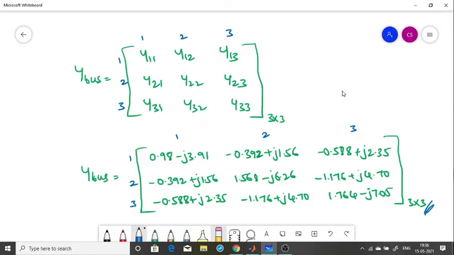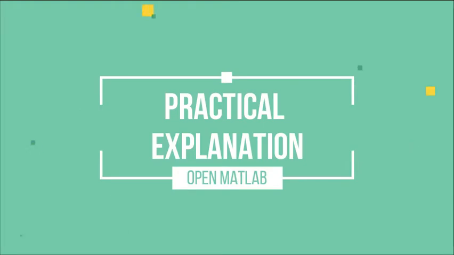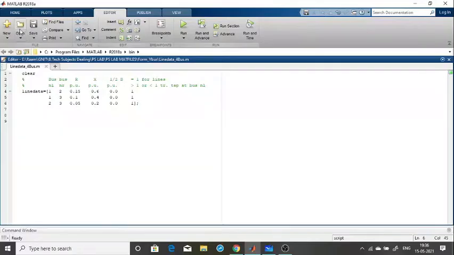So we will start writing a program. In order to write the program, open MATLAB software and go to new script. What I have already done is written the line data.